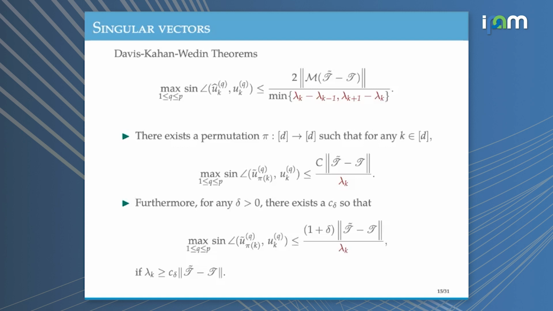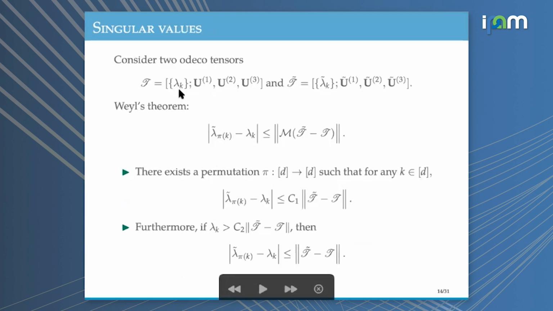The intuition behind this is exactly as you mentioned: orthogonality is a much more rigid assumption here. Don't forget one thing: so far, I'm assuming both T and T tilde are orthogonally decomposable. So in a way, this has to do with the local geometry of the space of orthogonally decomposable tensors. It's much more rigid. There are not many ways you can perturb them. So this allows you to do this derivation.